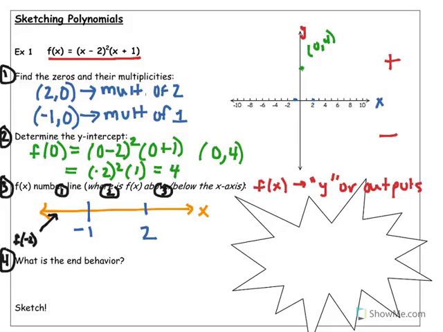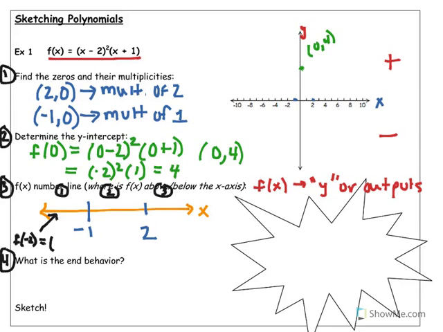That lies to the left of my 0 at -1. All I really care about is what the sign of f of x is going to be, and we can figure that out by testing the point -2 in our function.